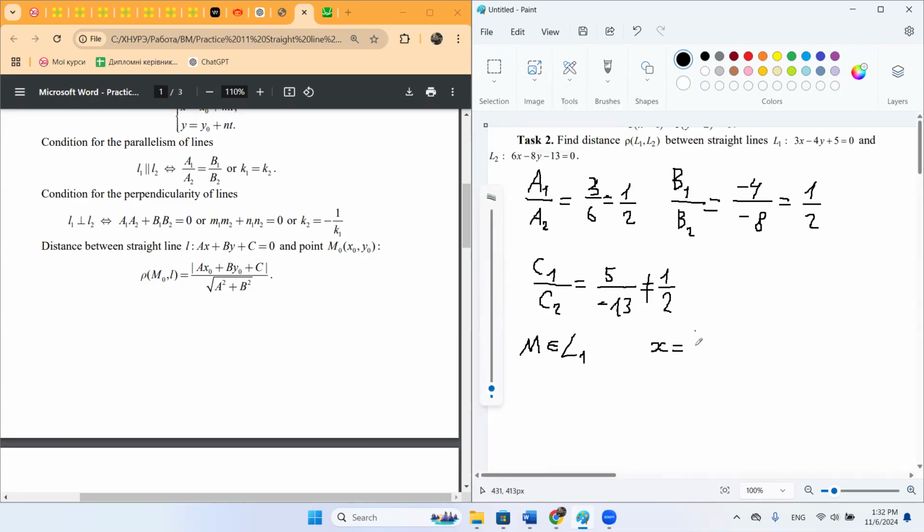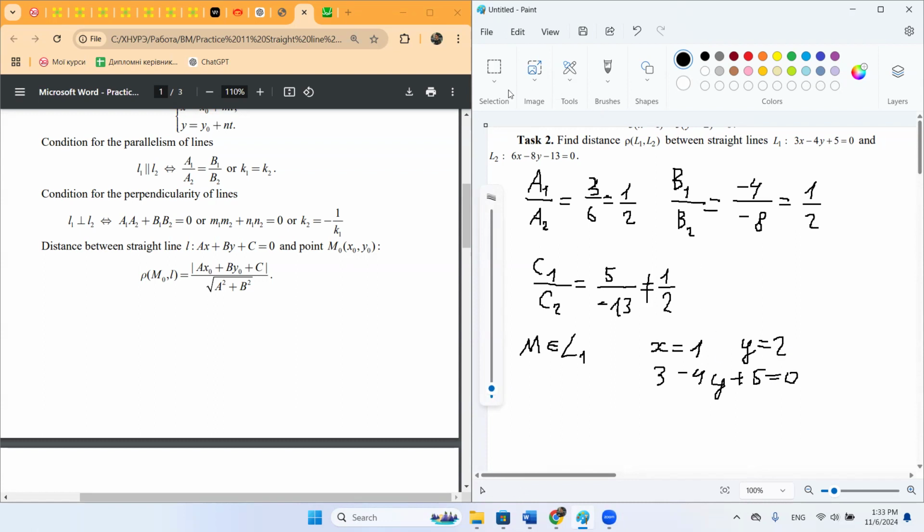You will get the same result, but do you want to calculate a lot of fractions? I guess not. So if we assign x equals 1, we have 3 minus 4y plus 5 equals 0. So it means that y equals 2.